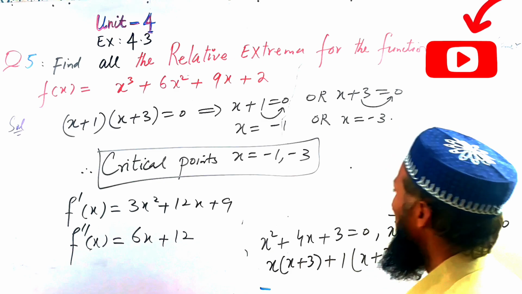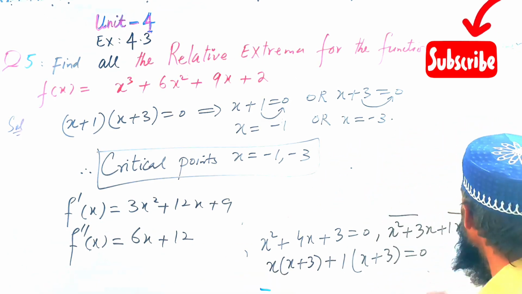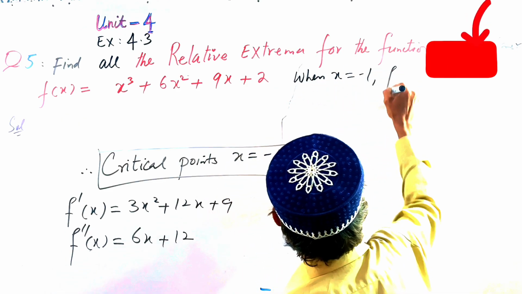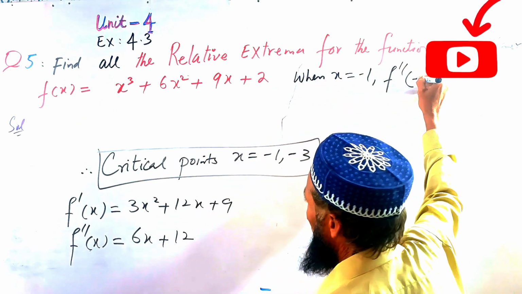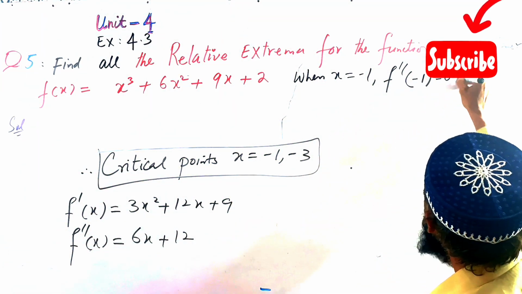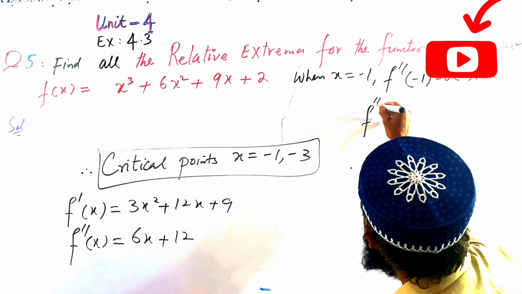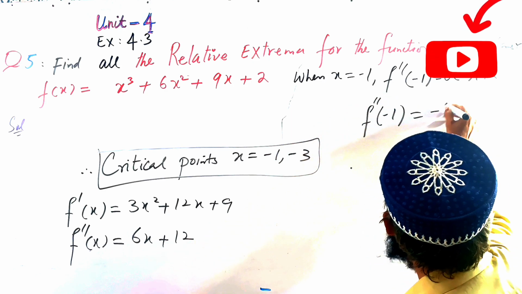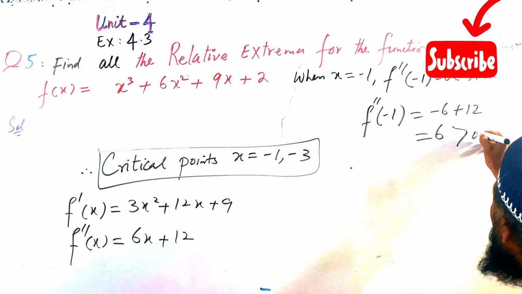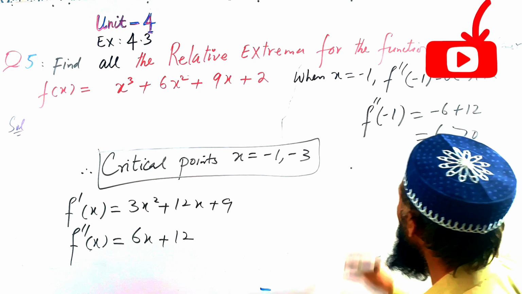Now we apply the critical points. When x = -1, f''(-1) = 6(-1) + 12 = -6 + 12 = 6. 6 is greater than 0, so the function has a relative minimum.